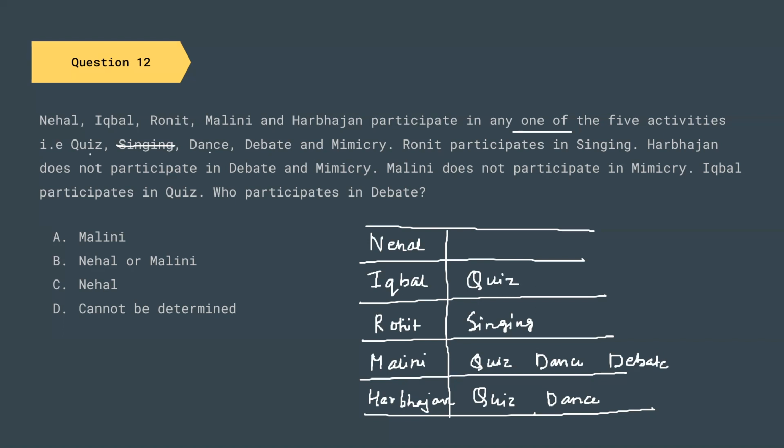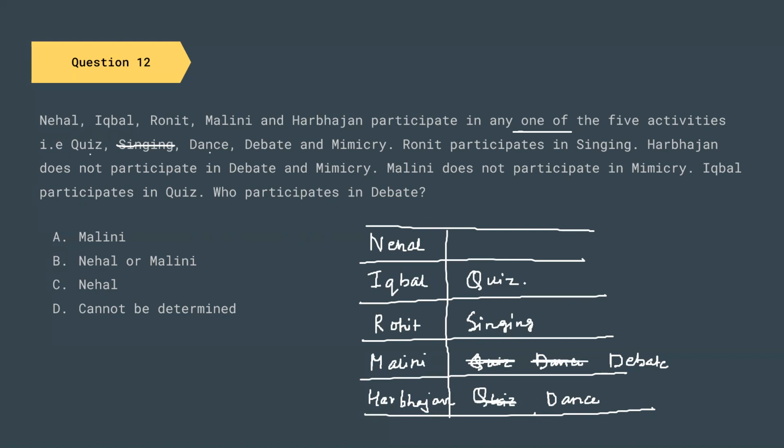Now you can see here one thing. If Iqbal participates in quiz, that means Malini cannot participate in quiz and Harbhajan cannot participate in quiz. So Harbhajan is participating in dance. And if Harbhajan is participating in dance, Malini cannot participate in dance.